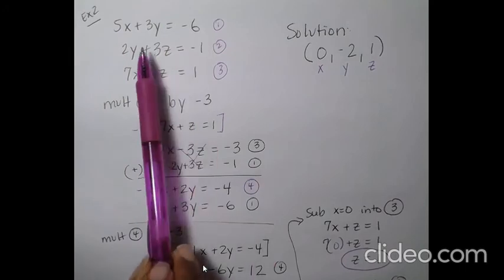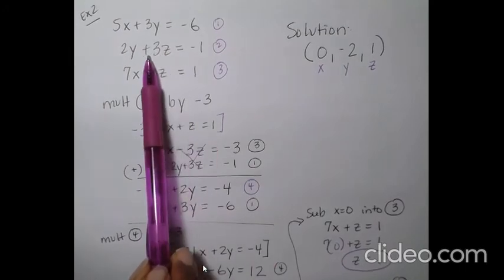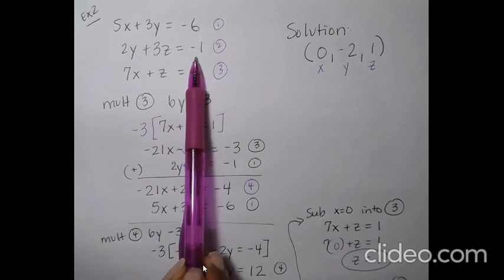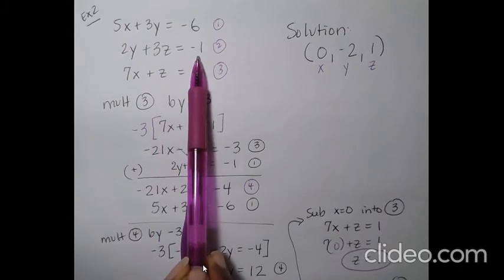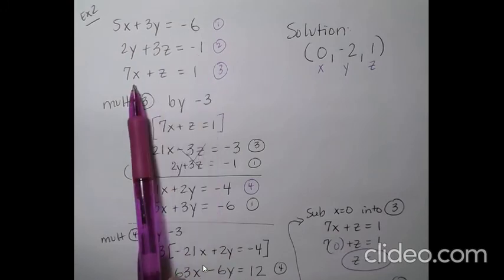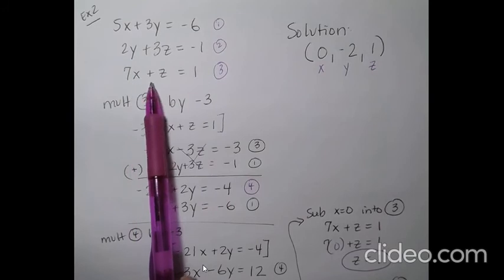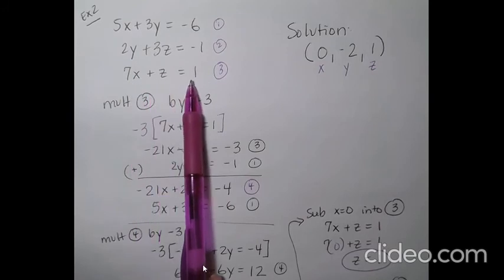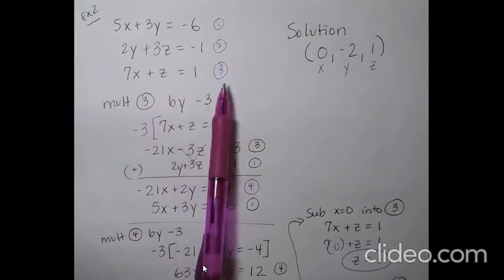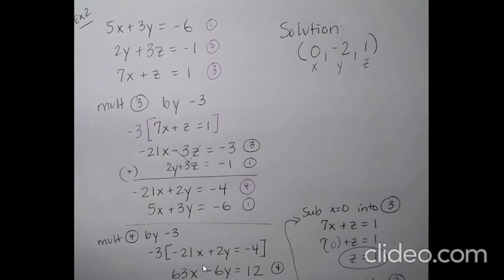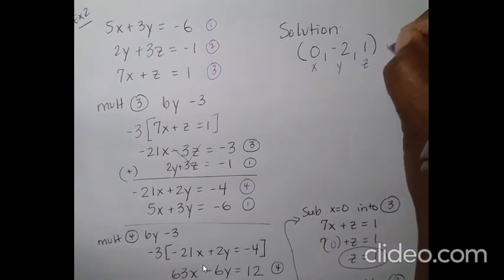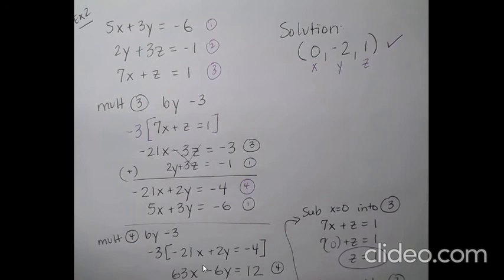No, z is 1, sorry. Plus 3 times 1, so negative 4 plus 3 does equal negative 1. I was getting myself confused. And then 7x, x is 0, so 0 plus 1 does equal 1. All three of these check out, and they are all three true. So we see that this solution is a good one for this system of equations. All right.